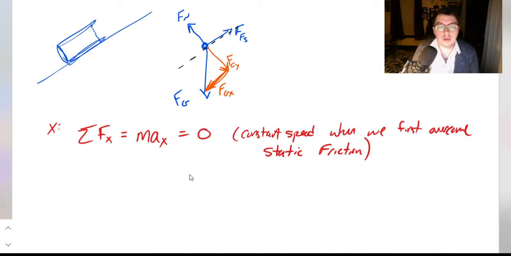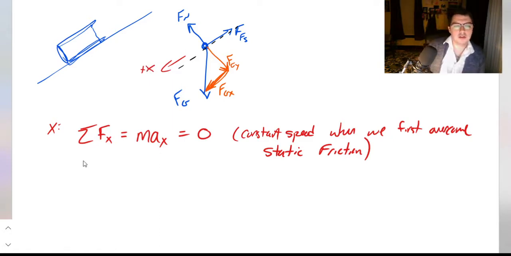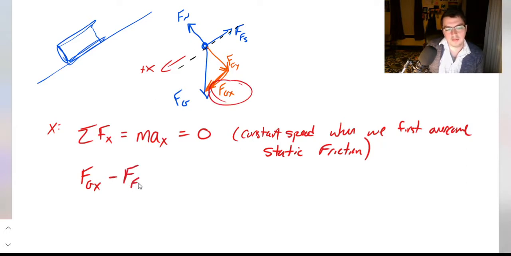Now, in the x direction, let's say that this is the x direction, because if we do another problem like we'll start class with on Monday, that's the direction where all the action is going to happen. So we can start by saying I have F_gx, this guy right here, minus F_fs, so the x component of the gravitational force minus the static friction force is equal to 0.